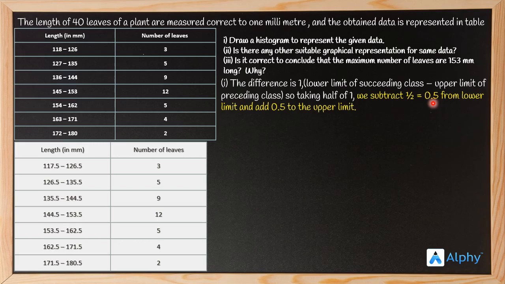And now we need to subtract 0.5 from the lower limit and add 0.5 to the upper limit. And hence we get these new class intervals like 117.5 to 126.5, then 126.5 to 135.5 and so on. And the number of leaves, which is the frequency, is kept as it is.